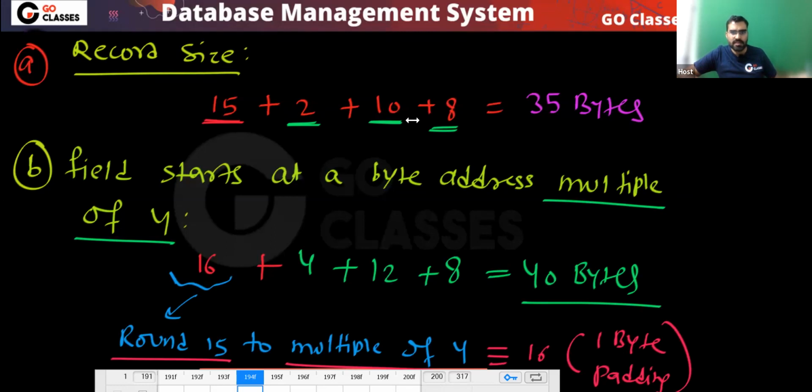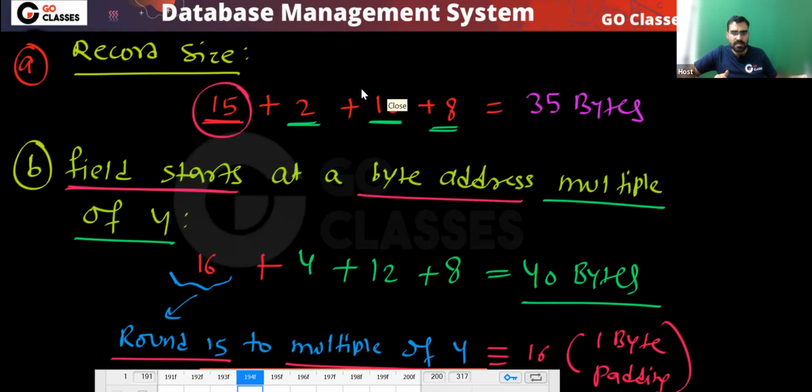The question is saying every field should start at a byte address multiple of 4. How are you getting 36? This will take 16 bytes, right?